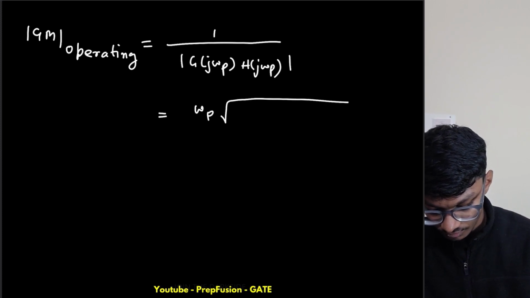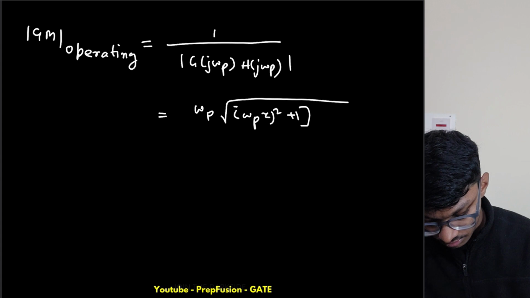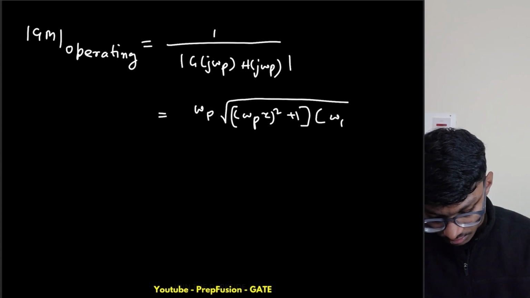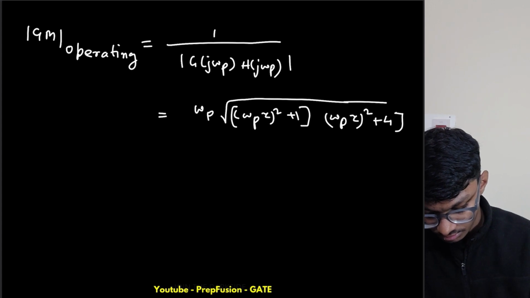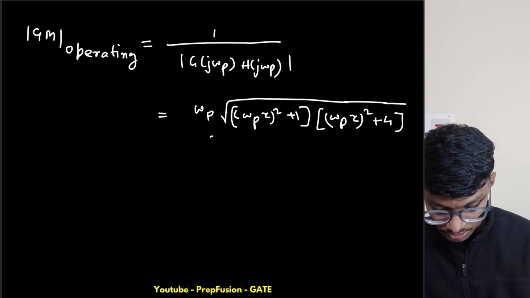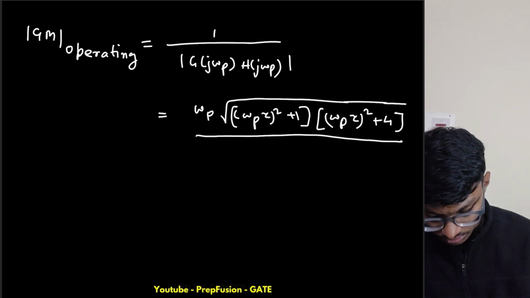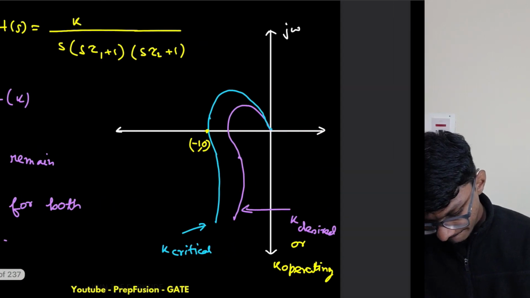So ω_p τ squared plus 1, right? And this is divided by K desired.